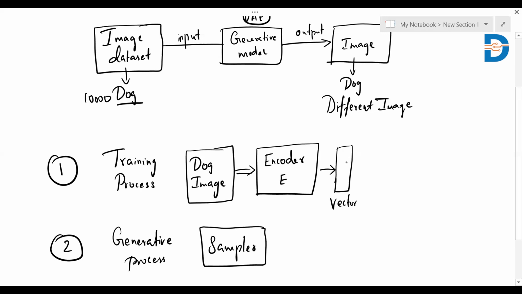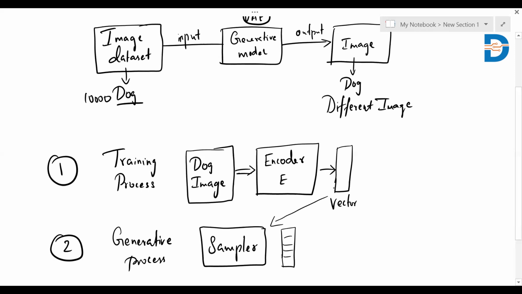The encoder gave out too many outputs, so from that output, the sampler is going to pick one of the most frequently occurring ones. It is going to pick one from the normal distribution, and that is what we call the sampler. The sampler is going to pick one numerical vector from the vectors generated by the encoder.